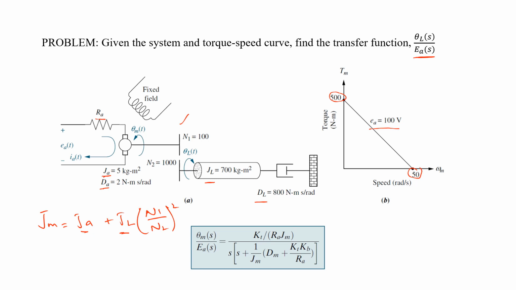And similarly, we can also find the Dm, which is Da plus Dl into N1 divided by N2 whole square. So by putting the values, we have found Jm to be 12 and Dm to be 10.